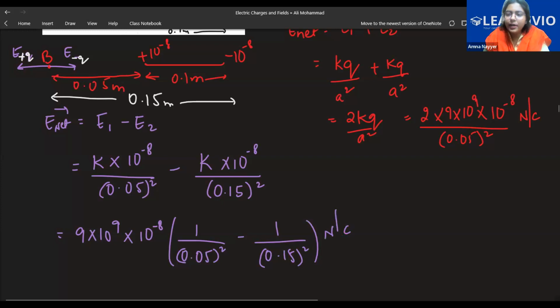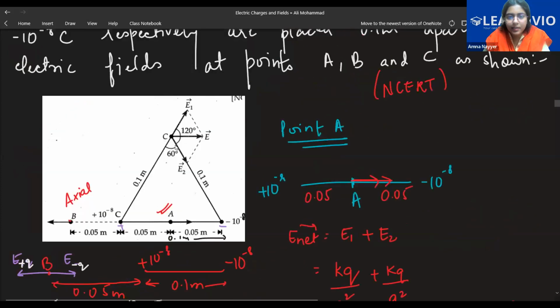Last point is this C point. See E1 and E2. If you look carefully, Ali, the first charge magnitude is 10 to the power minus 8, and this is also 10 to the power minus 8. This separation is 0.1 meter, and this separation is also 0.1 meter. So the magnitude of E1 and E2 will be the same or different?